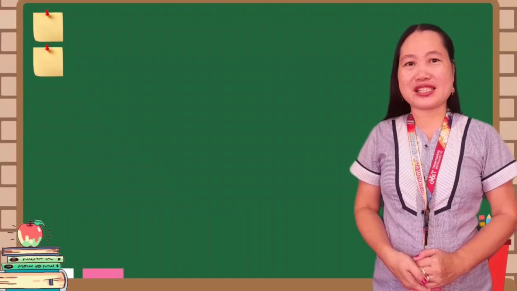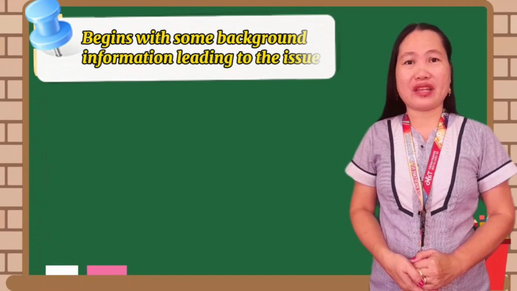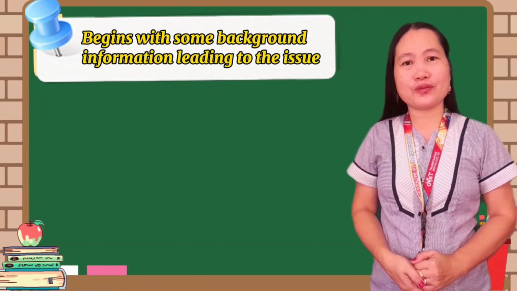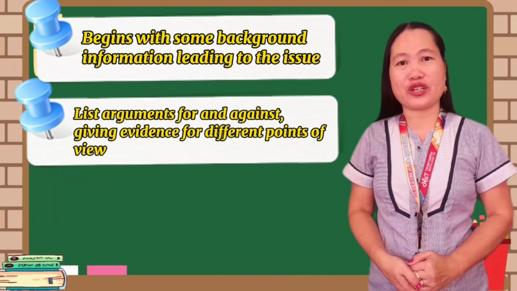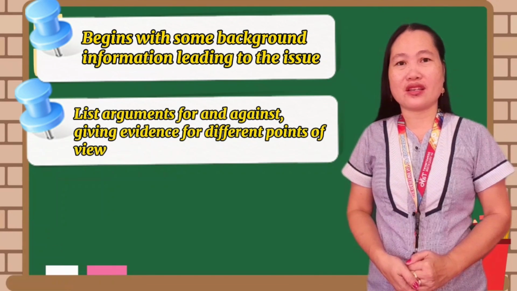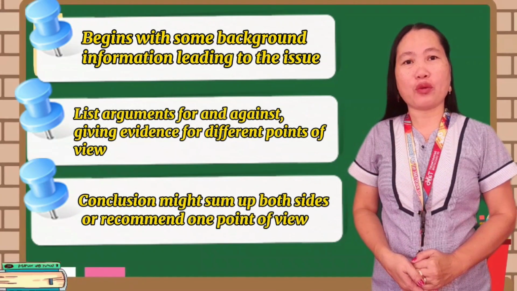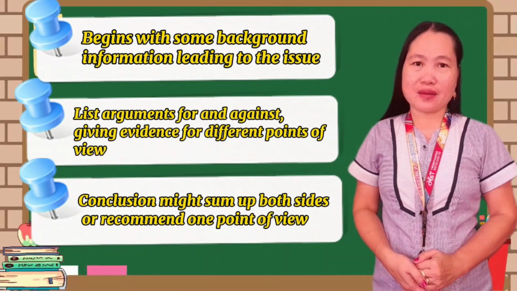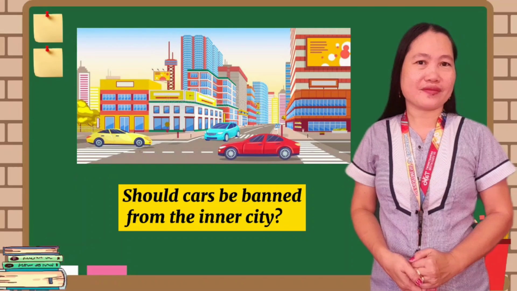The features of discussion text are the following. Begins with some background information relating to the issue. Lists arguments for and against, giving evidence for different points of view. Conclusion might sum up both sides or recommend one point of view. Example: Should cars be banned from the inner city?